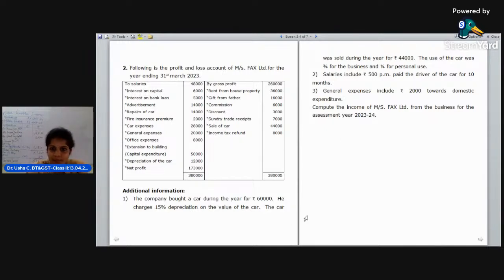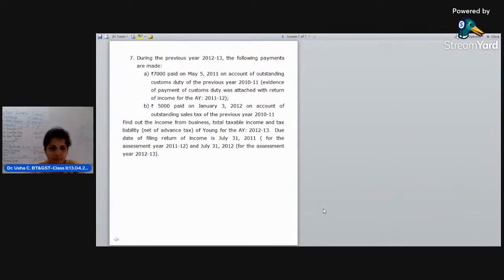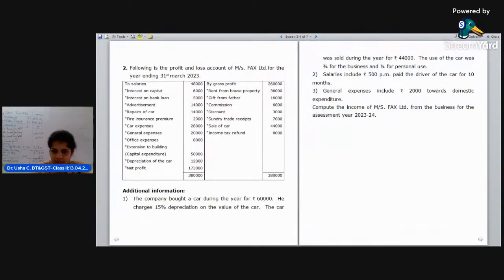Shall I work out this problem or will you do it from your end? Will you work it out, or shall I do it?